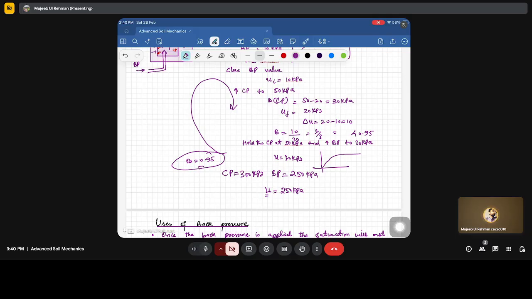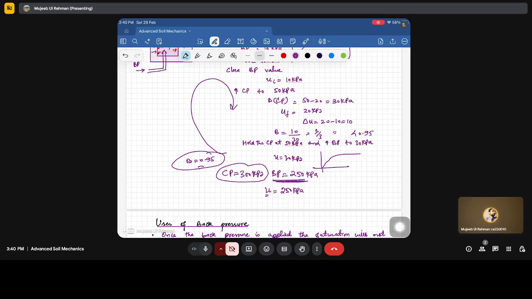Now throughout the shearing process, this back pressure will be kept on. We will not release this back pressure. During the consolidation, what we are doing is increasing the cell pressure while keeping the back pressure at a constant value.